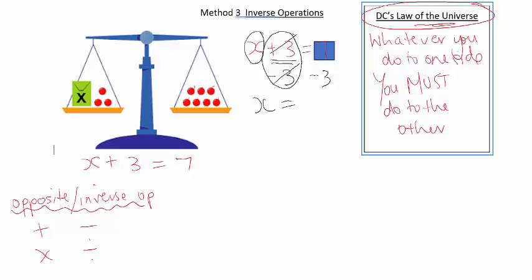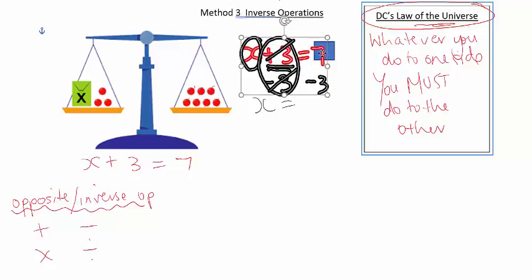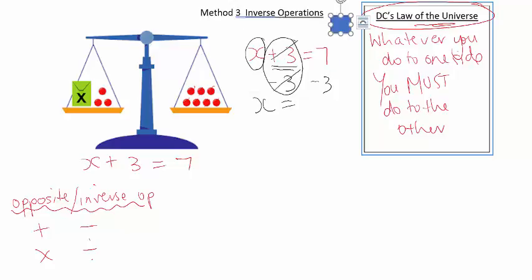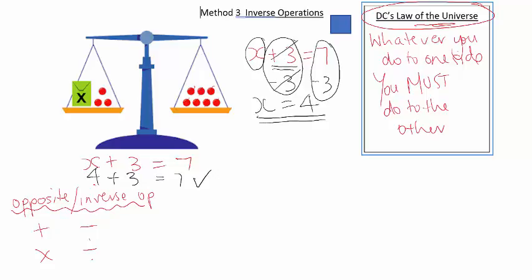On the other side of the sum, you'll see that I've got 7 take 3, which is 4. Wow, if you did that in your head, you would see 4 plus 3 equals 7. Wow, that works. So I'm going to underline it.